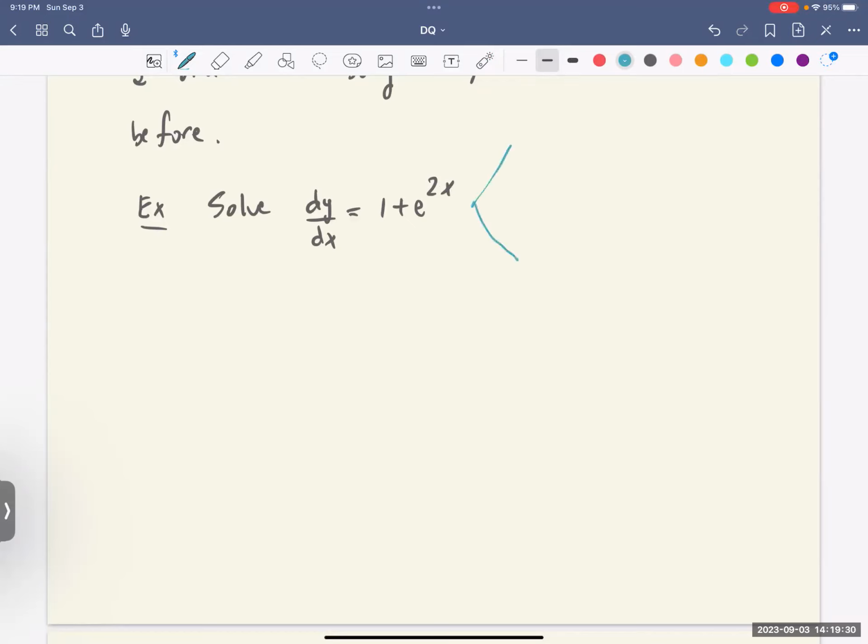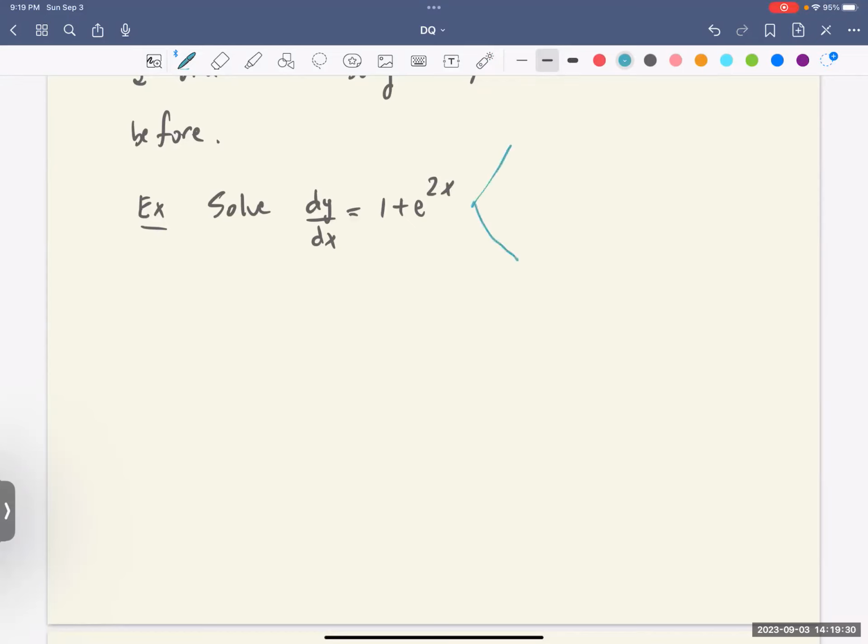The right-hand side is not explicit by y, the dependent variable. So let's take dy and keep it on the left, and 1 plus e to the 2x on the right, and then let's move that dx to the right just like you would if you were dealing with a u substitution and taking the derivative and moving the dx to the left.